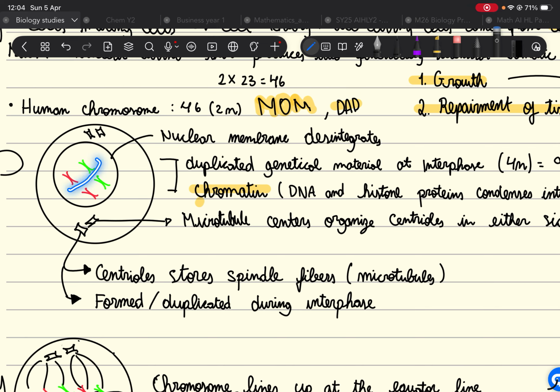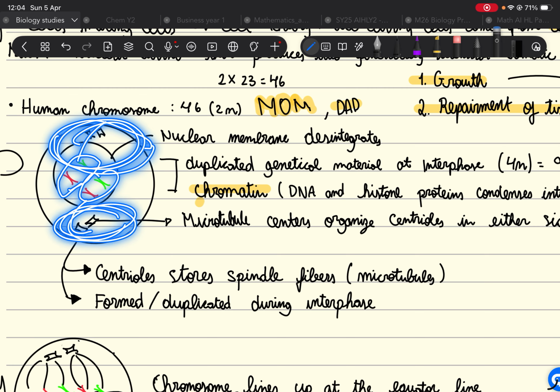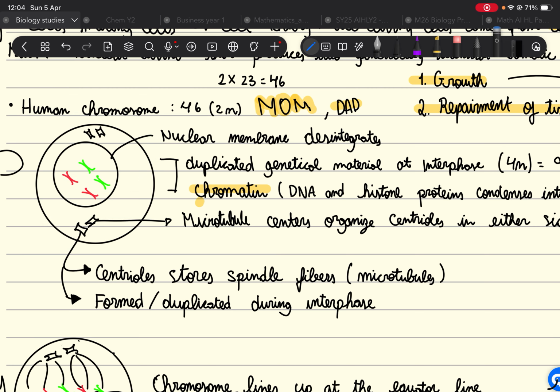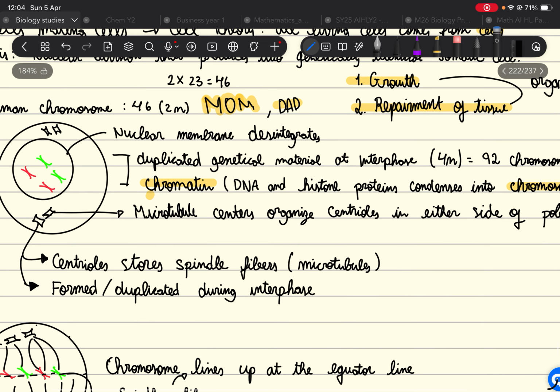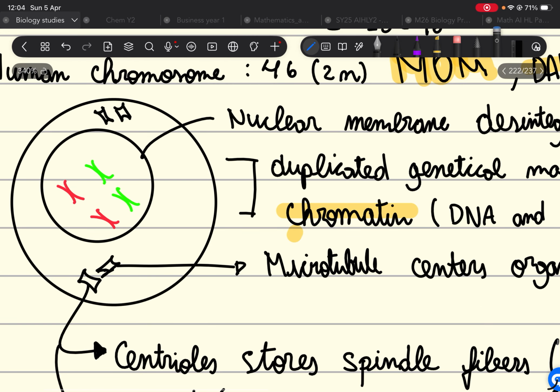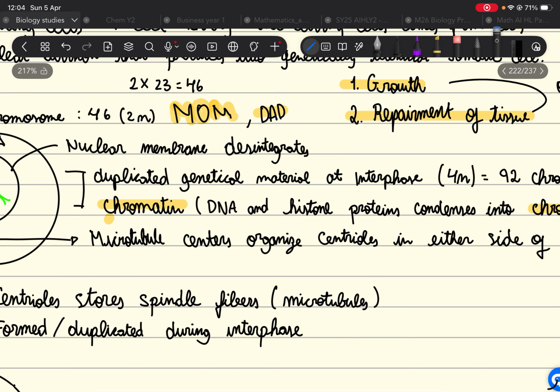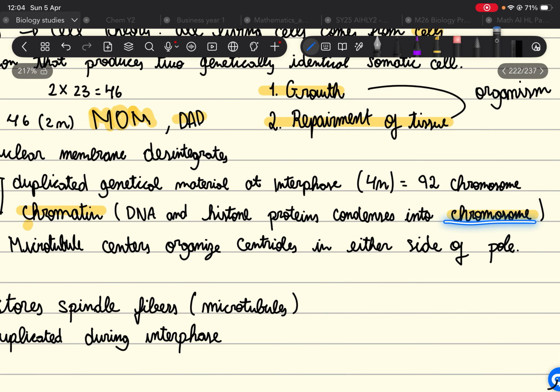Imagine we're getting this to go to the top so we can make a cell here, and we're getting this to go here so we can make a cell here, right? So the chromatin, which is the DNA like this, is condensed into chromosomes, which again protects the genetic material.